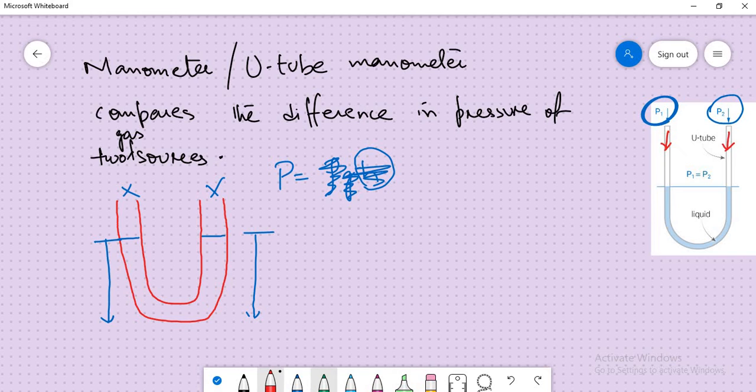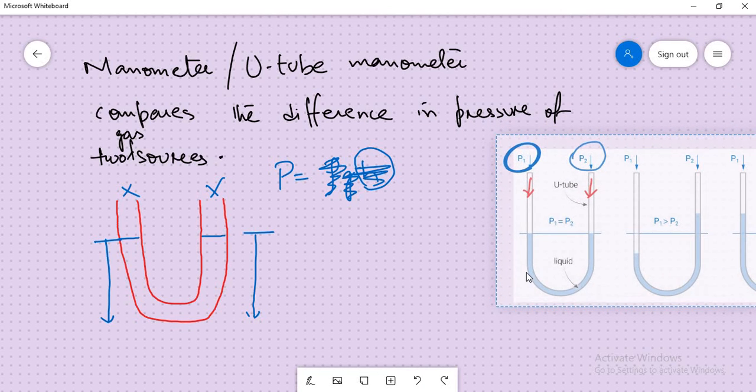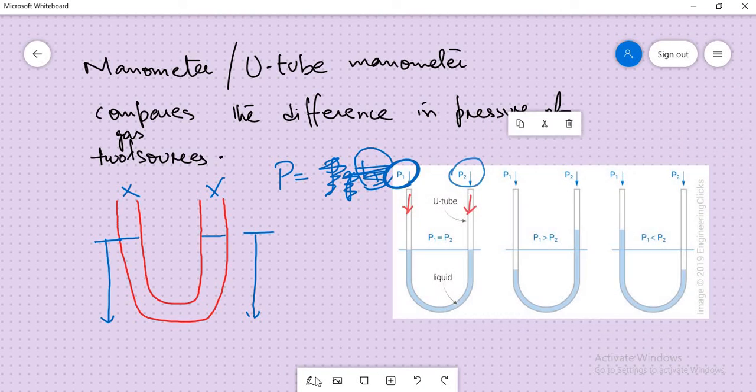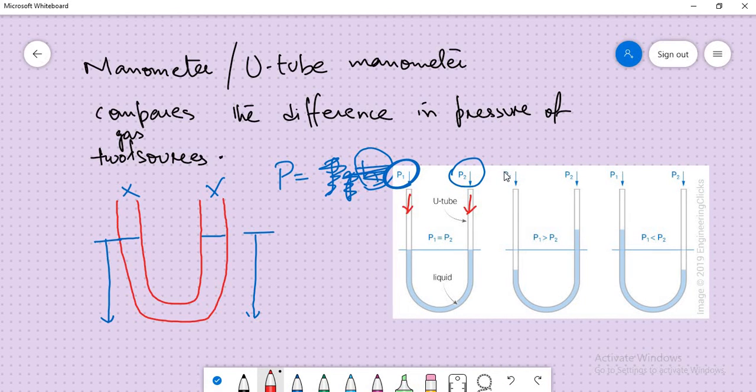Now if something happens, like I connect any one source. I'm connecting this side to a gas source, let's suppose S, and applied its pressure here.